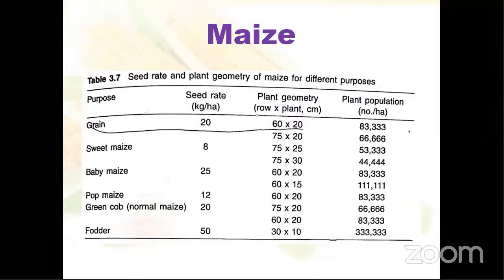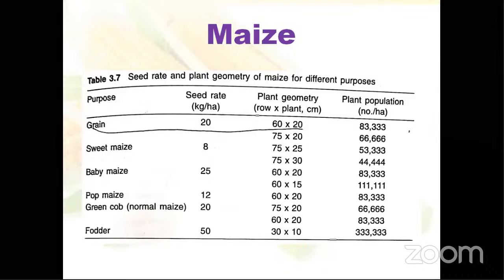Population will be 83,333. Then for green crop, normal maize, you have to sow 20 kg seed with 75 into 20 centimeter spacing or 16 to 20 centimeter spacing. For green and grain crop, your spacing, seed rate and population are the same.